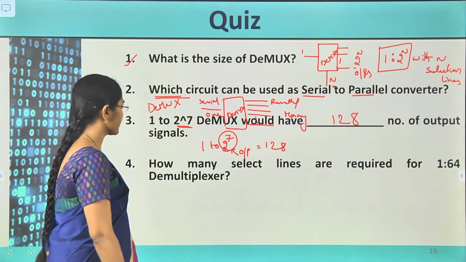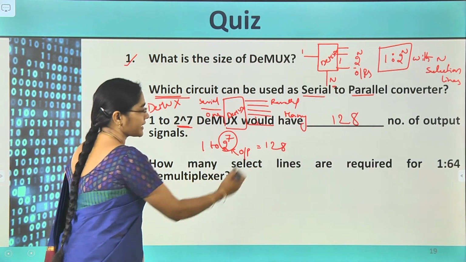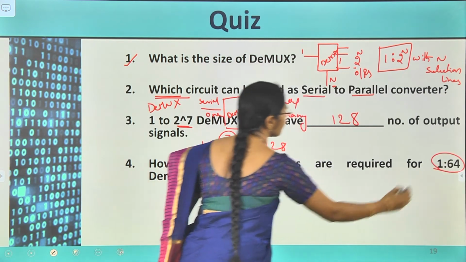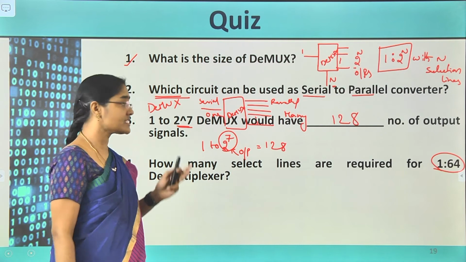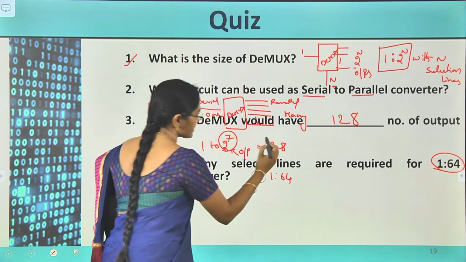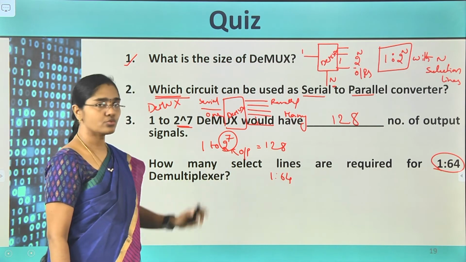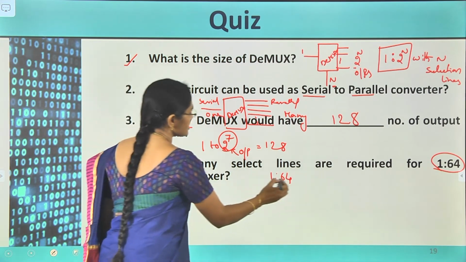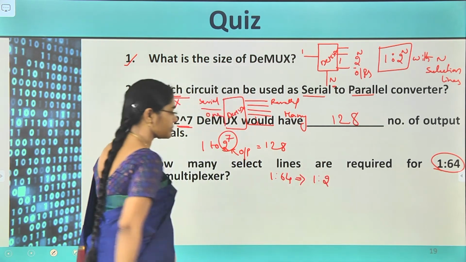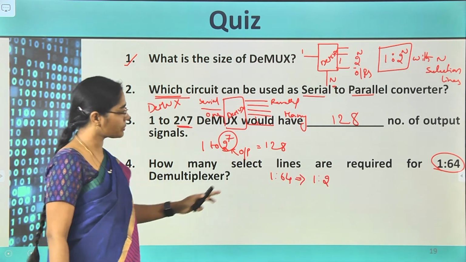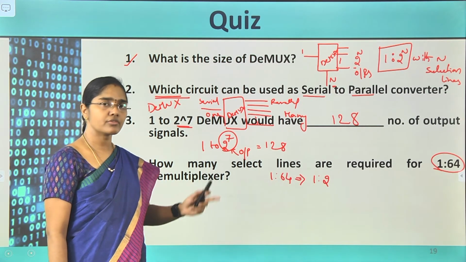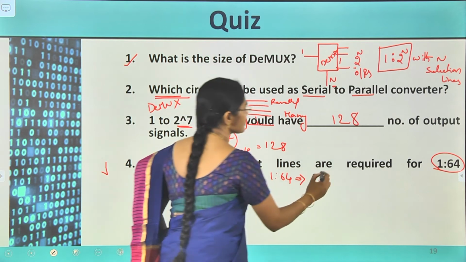Let's see the next question. How many select lines are required for a 1:64 demultiplexer? The size is given as 1:64. Just write this in terms of 1:2 power something. 2 power 4 is 16, 2 power 5 is 32, 2 power 6 is 64.